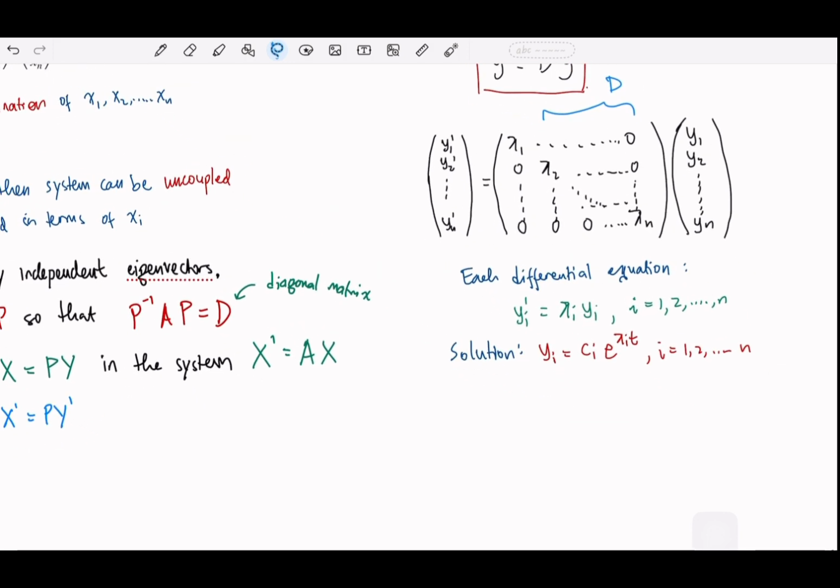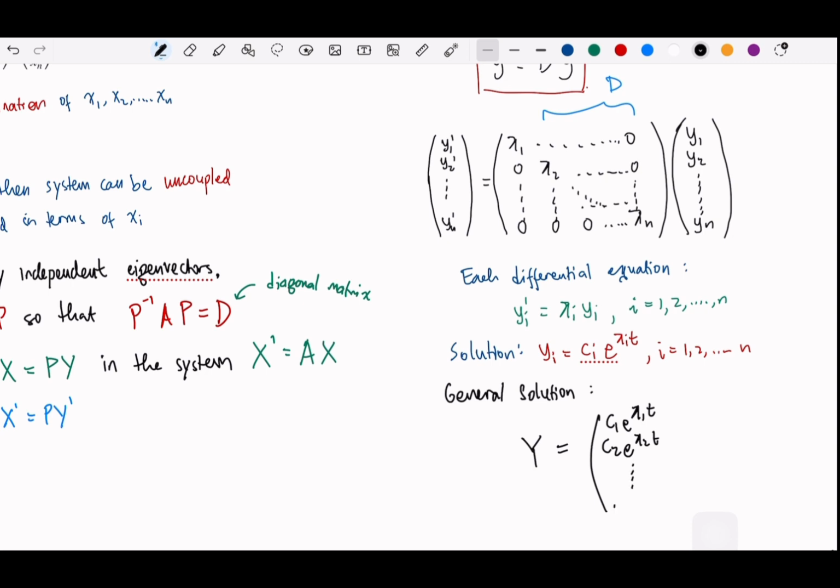Okay, and then we could write a general solution. We can write y equals c1 e to the lambda 1 t, c2 e to the lambda 2 t, until cn e to the lambda n t. Okay.